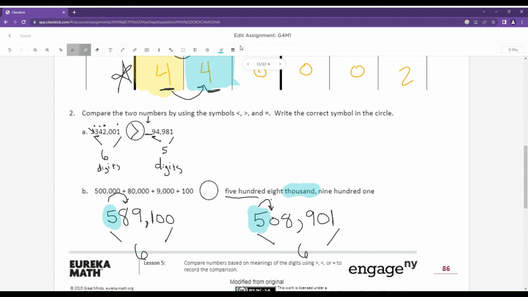And in this case now I'm comparing 8 10,000s compared to 0 10,000s. So since this 8 here is larger than the 0 over here, that's the larger number. So I would read this as 589,100 is greater than 508,901.